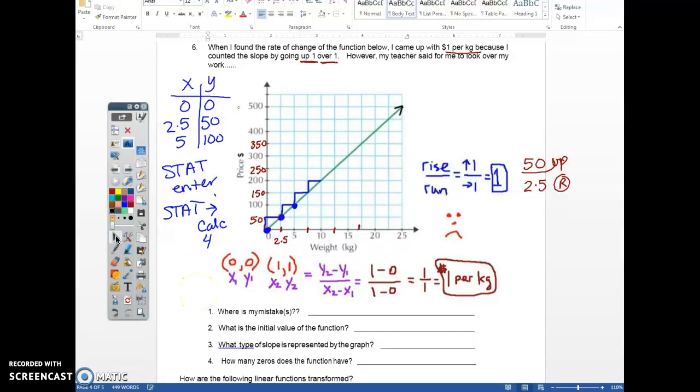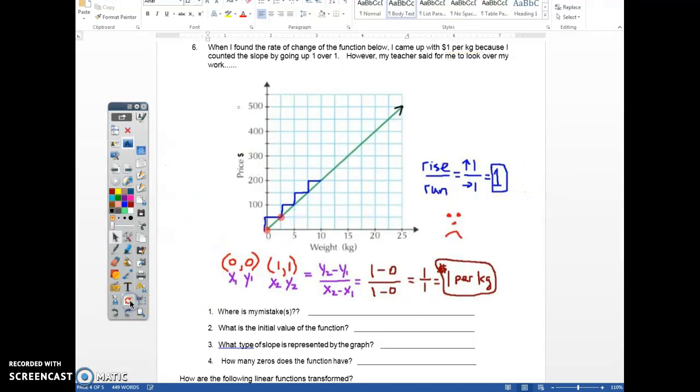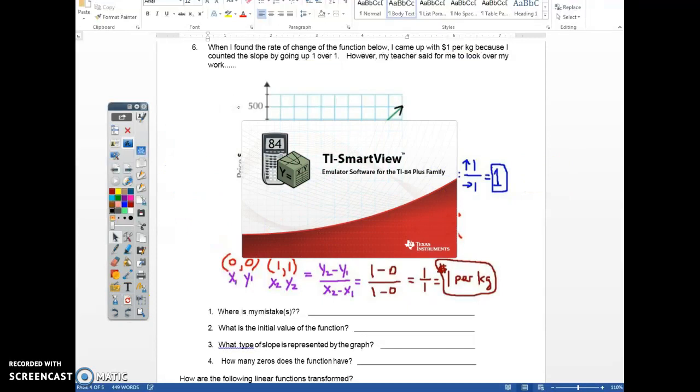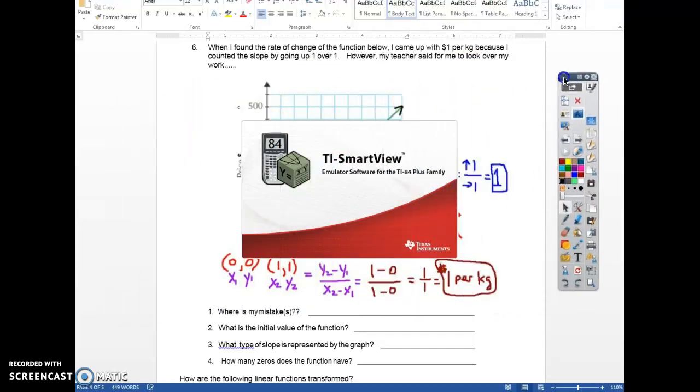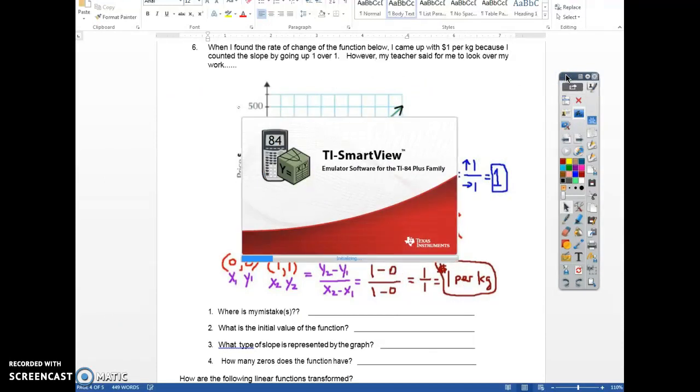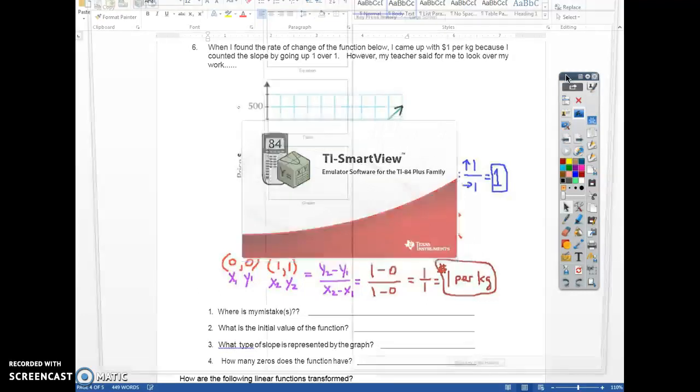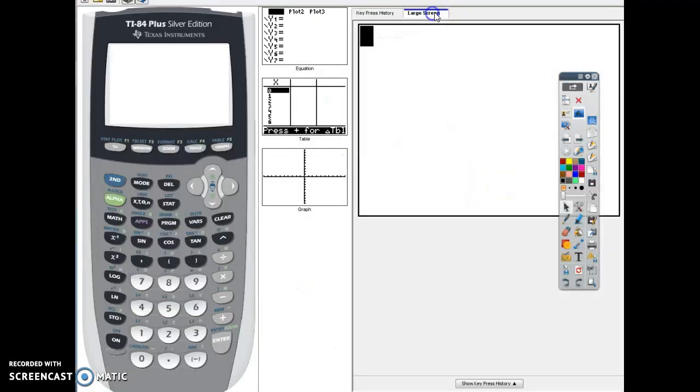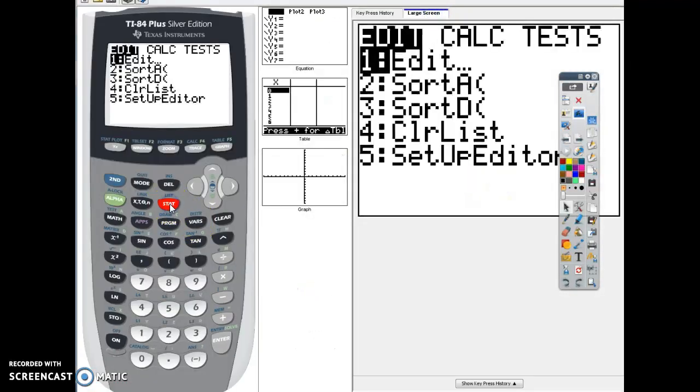All right, so we are in the calculator, the regular calculator. Everybody follow along on your calculator. So we're going to hit the button that says stat. And we're going to press enter.